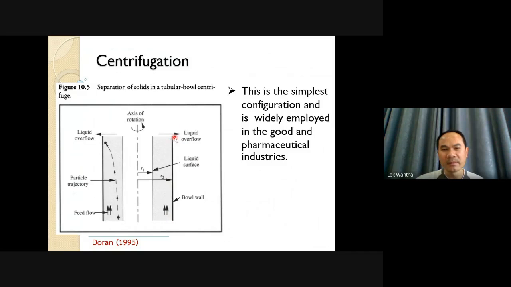If we use the wall as the filter medium, the solid will deposit on the wall, but the liquid will flow out. We use centrifugation and filtration together in one piece of equipment, which improves the efficiency.